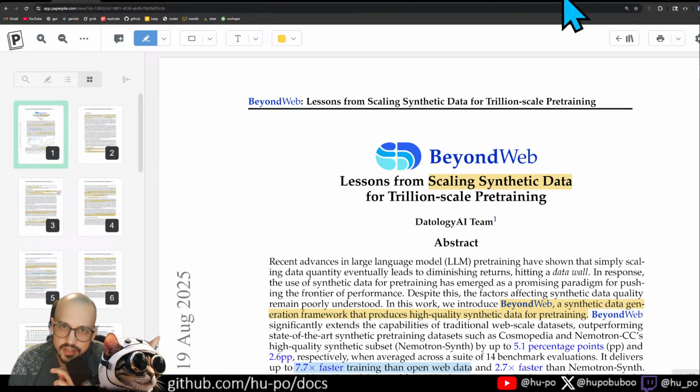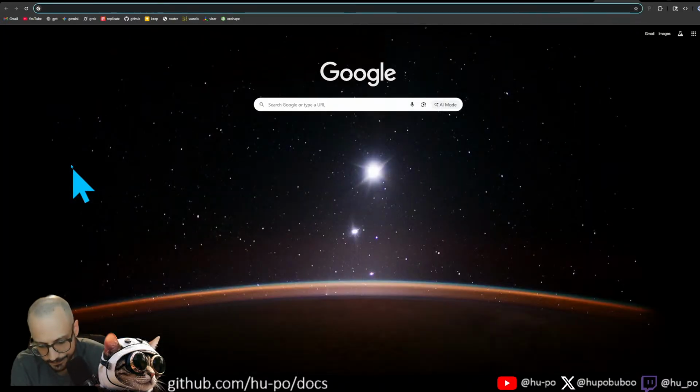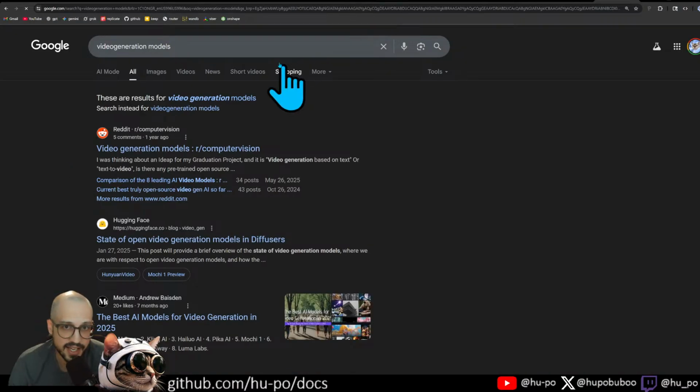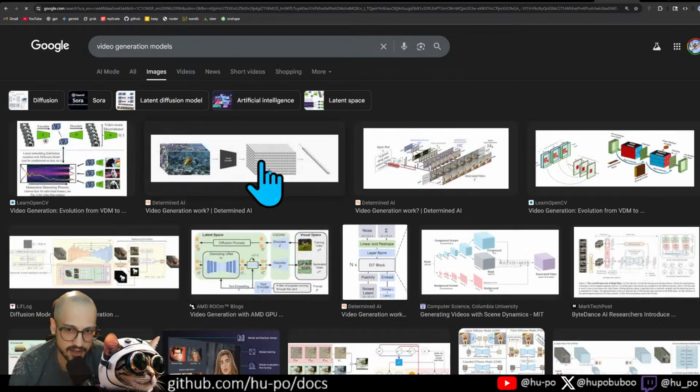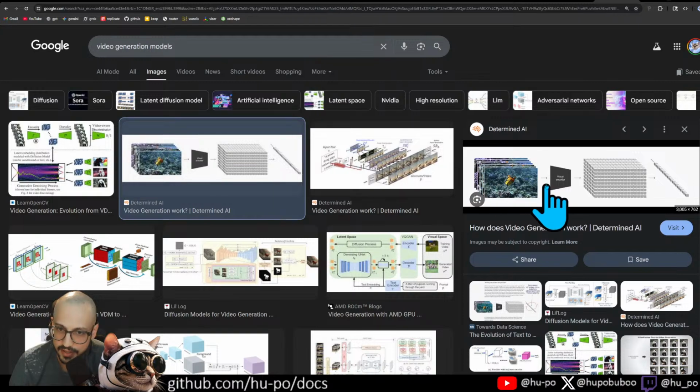So part of the reason why Genie 3 is probably smaller than, for example, the video generation models, is that these video generation models have a more difficult task. A video generation model has to generate the entire video.